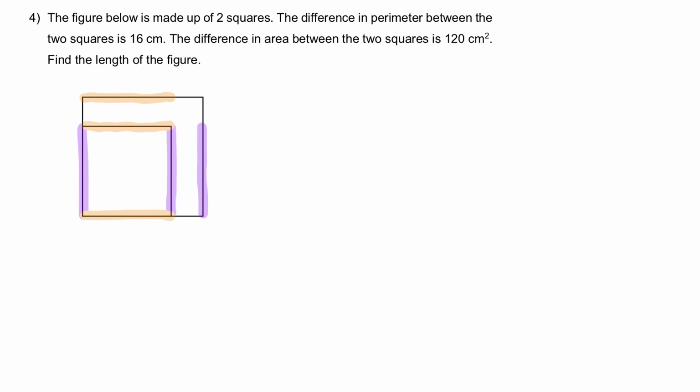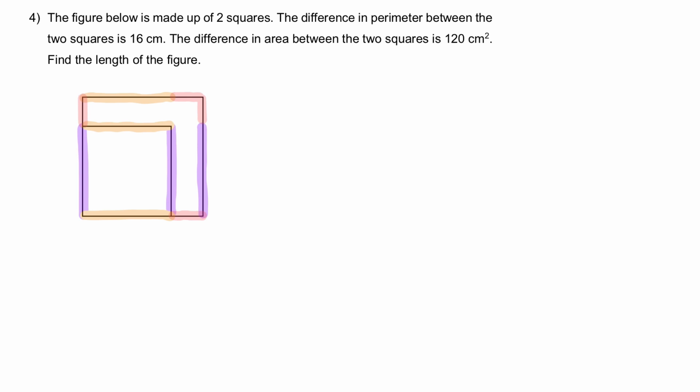The unhighlighted part is the difference between the perimeter of the small square and the perimeter of the large square, which means this portion plus this portion plus this portion plus this portion will give you 16 cm.